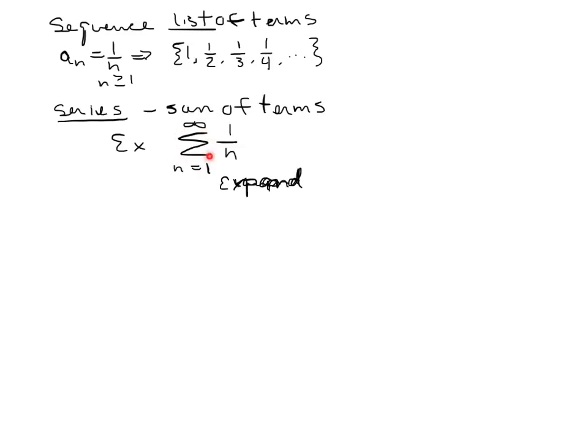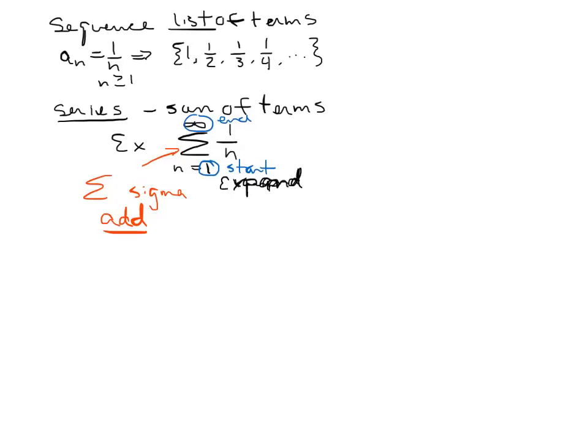This symbol right here is called sigma, and it means that we are going to add together the 1 over n's. This one right here tells you where you're going to start, and this one on top tells you where you're going to end.